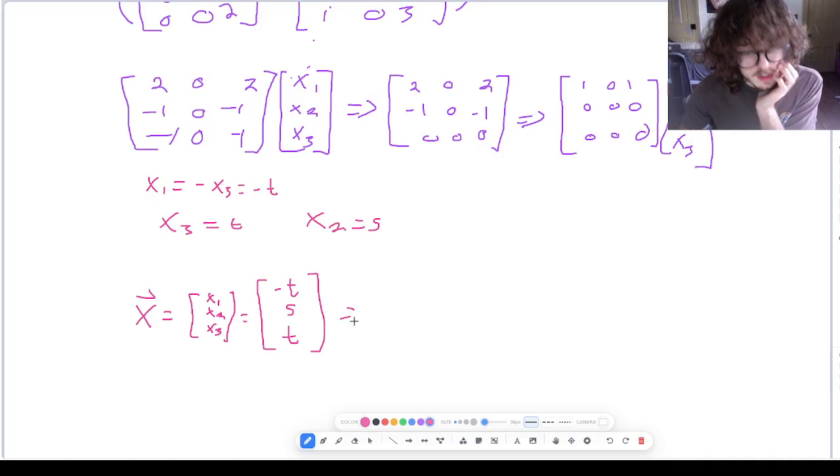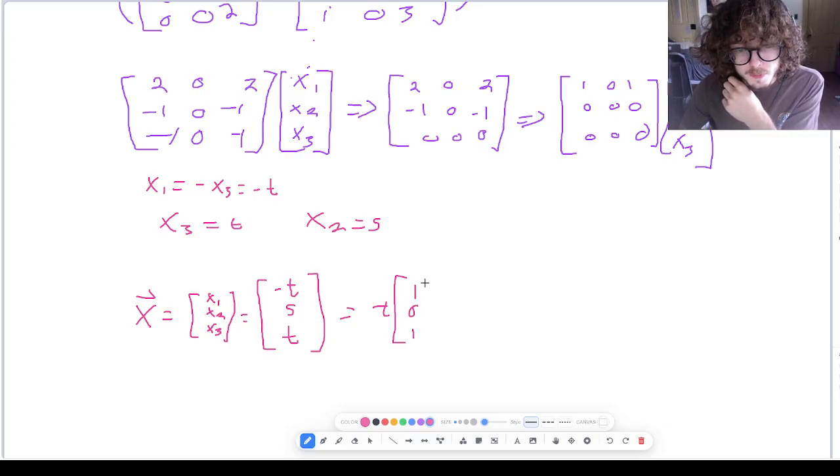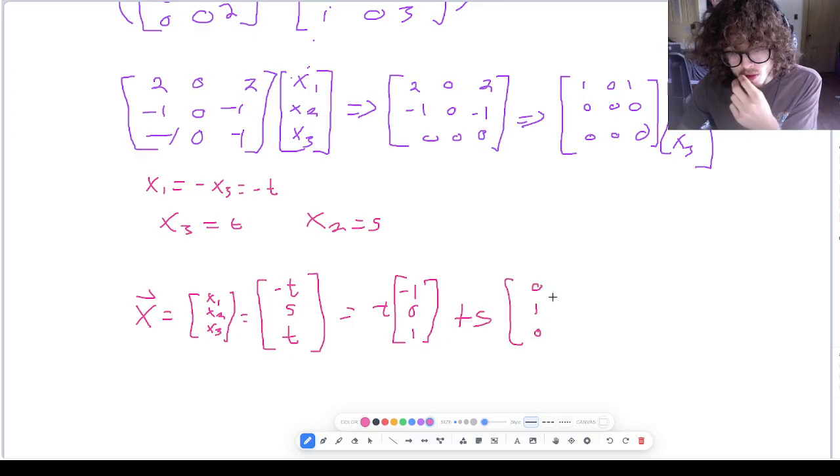Which we can factor out to give the solution. We get a set of basis vectors, which is t times 1, 1, 0, negative 1 here, plus s times 0, 1, 0, and this forms the eigenspace.